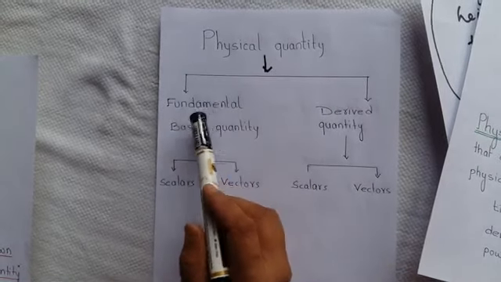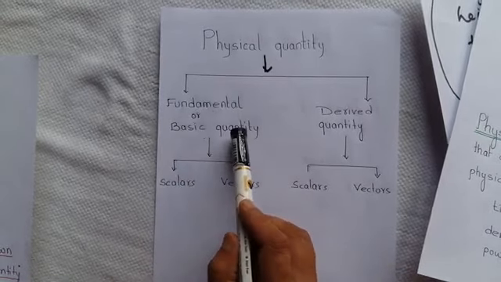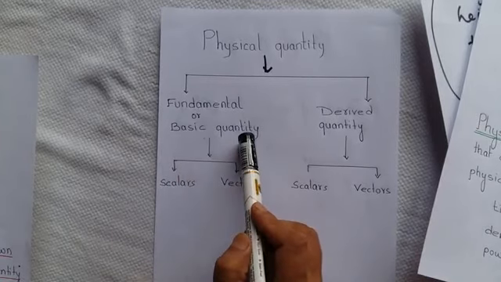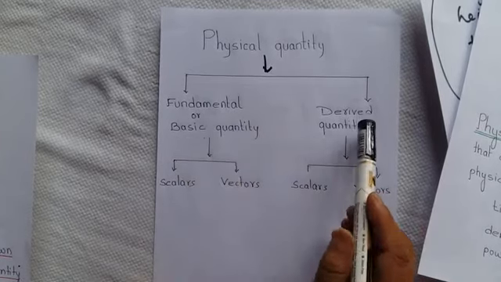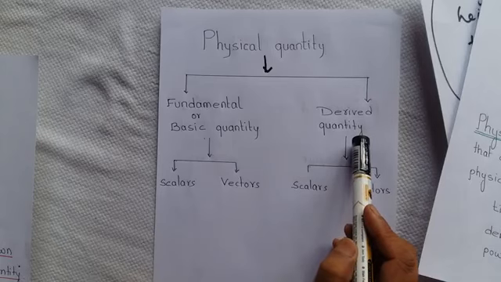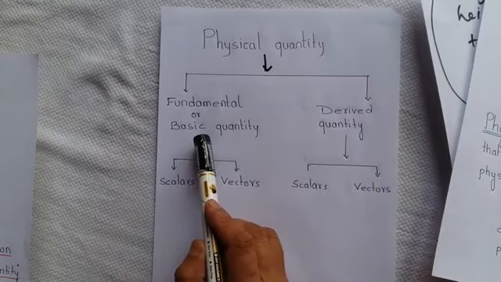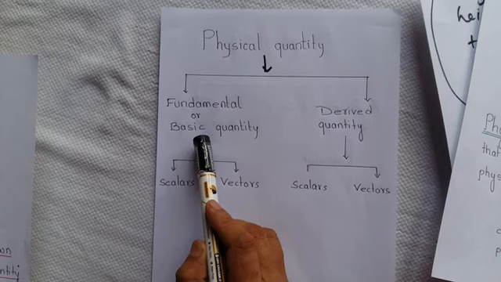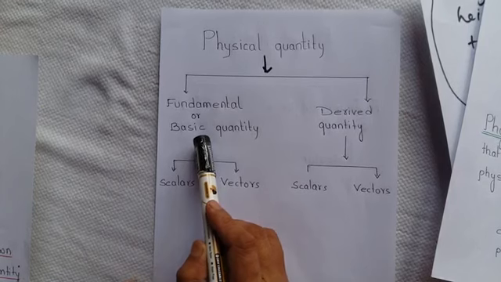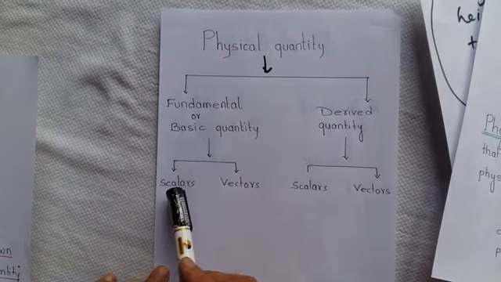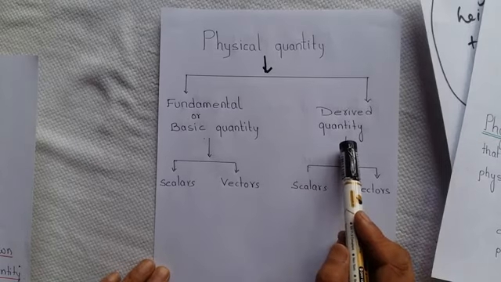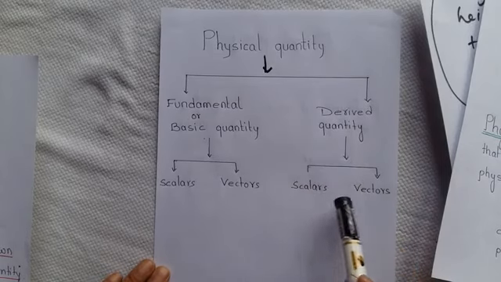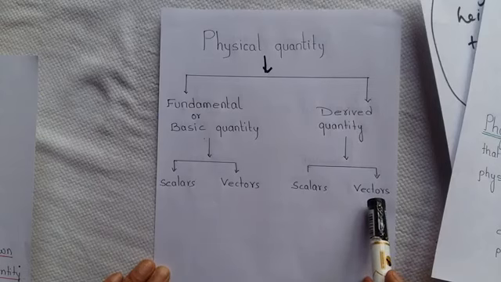They are fundamental or basic quantity. Sometimes we call it fundamental quantity, sometimes we call it basic quantity. And the other is derived quantity. And again, fundamental quantity is divided into two parts. They are scalars and vectors. And derived quantity is also divided into two parts, that is scalars and vectors.